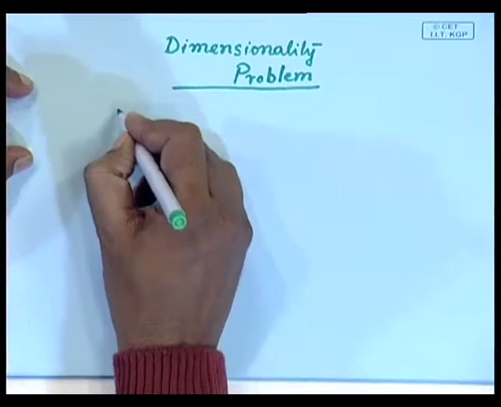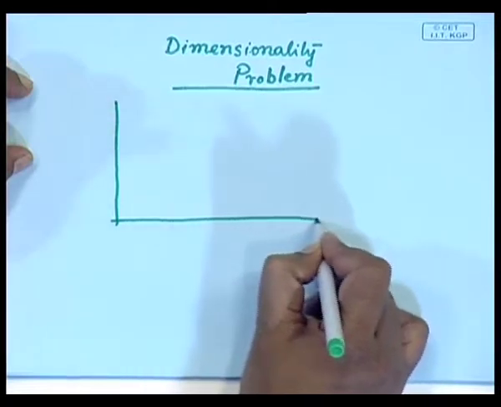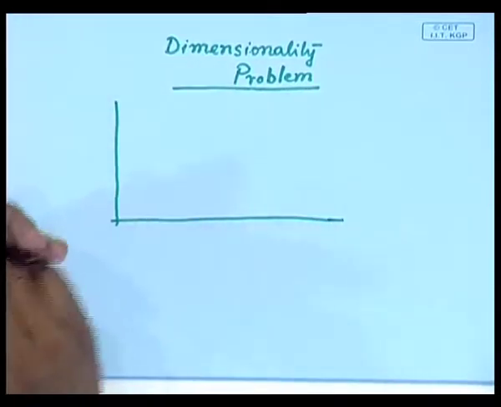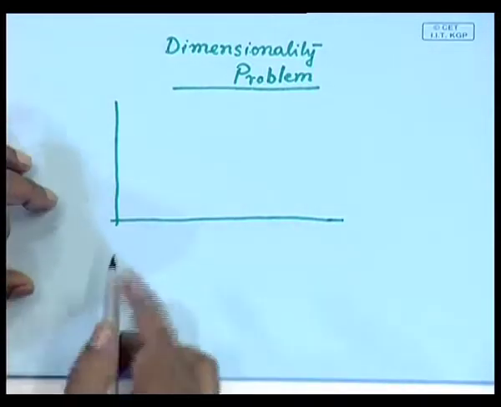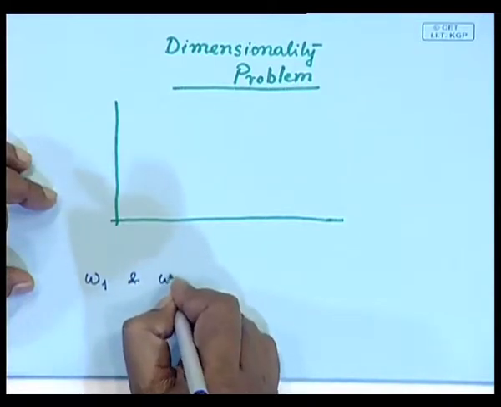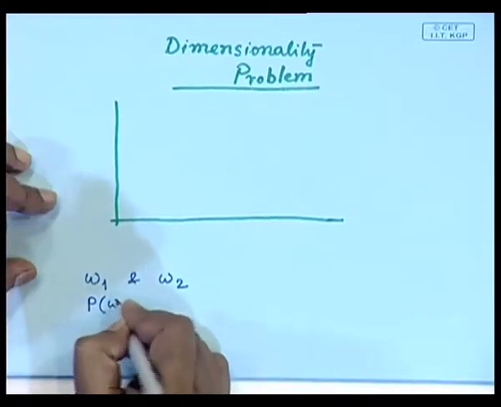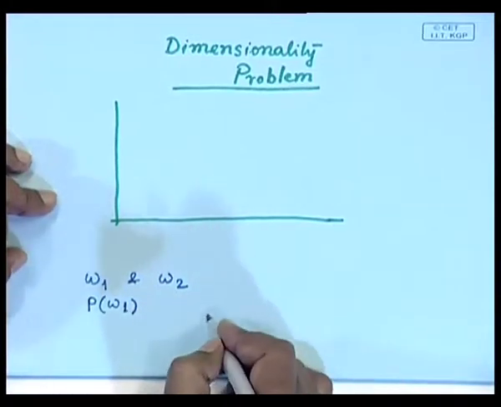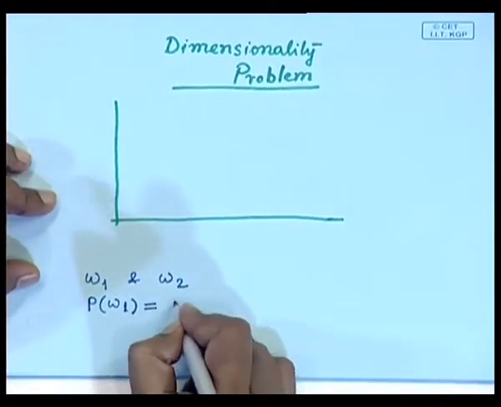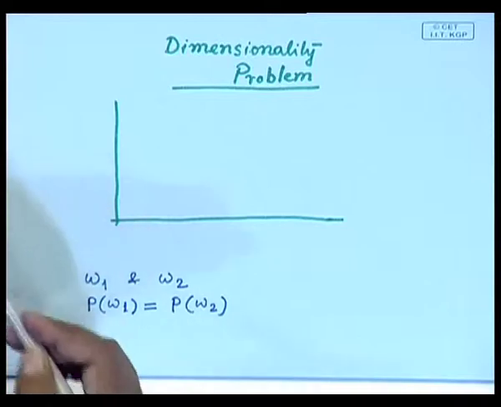Now, let us go to Bayes decision theory or minimum error rate classification, where we said that if I know the probability density function... Let me assume that we have two classes, class omega 1 and class omega 2. I also assume that p of omega 1, the a priori probability of class omega 1, and p omega 2, the a priori probability of class omega 2, are the same.